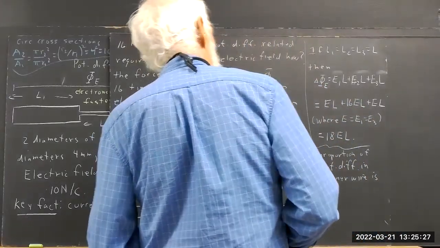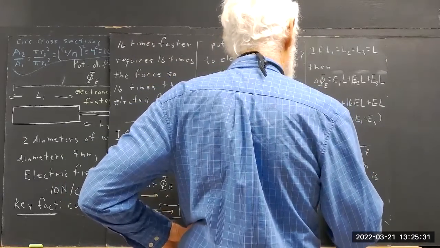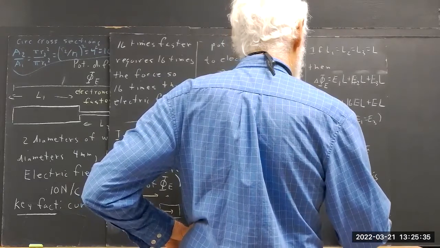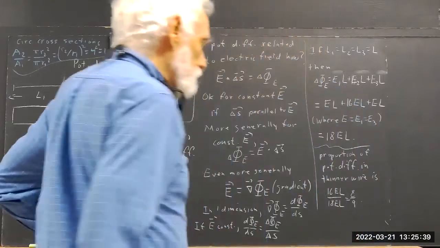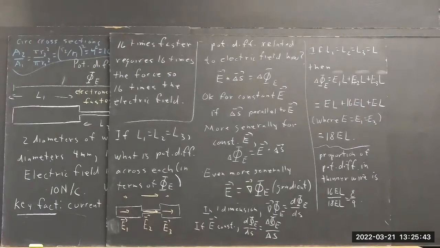The proportional potential difference in the thinner wire is 16 EL over 18 EL, which is 8/9. Okay.